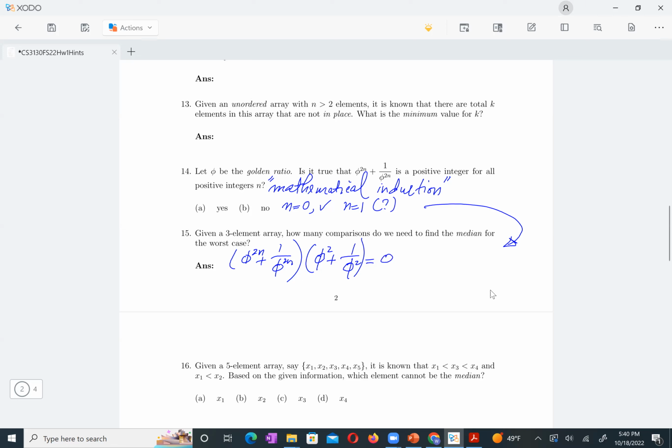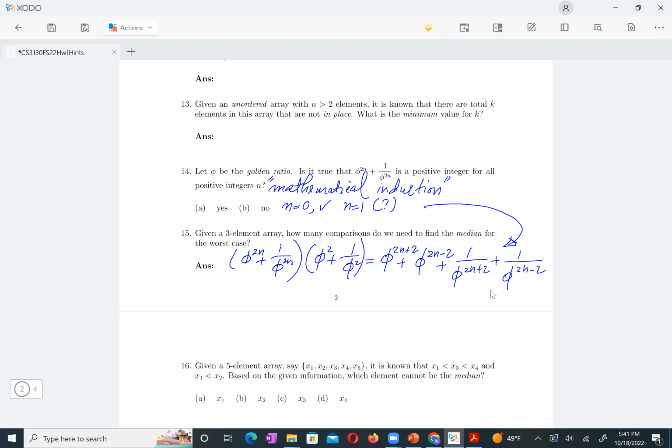Multiply all the terms out to n plus 2, and to n minus 2. Look at this equality. Why is it important?